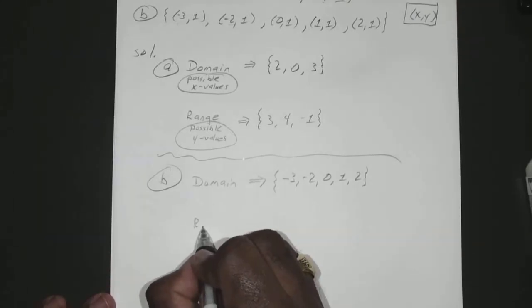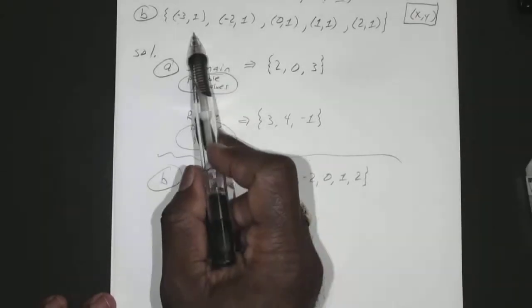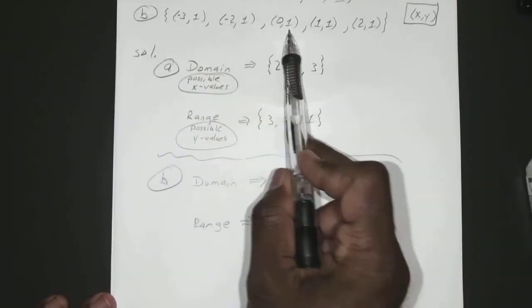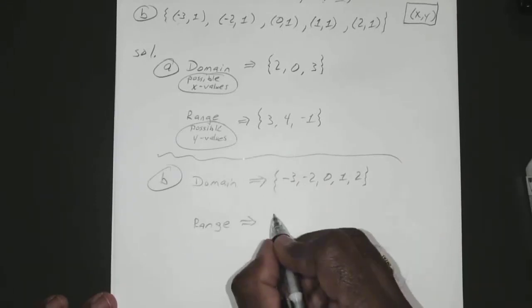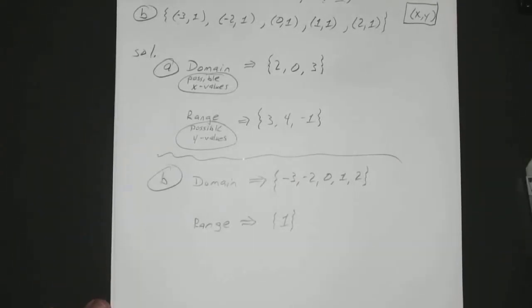Now for your range, again, it's just every possible y value. You have 1, 1, 1, 1, and 1. So in this case, your range is just 1. Even though it repeats, you only have to put it in there one time.